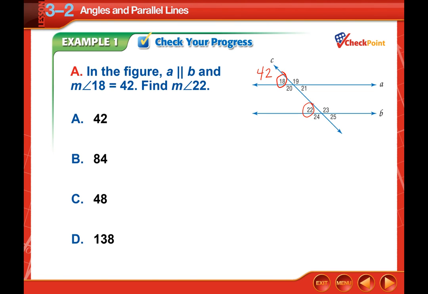So due to the corresponding angles postulate, I know that 18 and 22 are congruent. Because they're congruent, they have the same measures. And so I can substitute in that the measure of angle 22 is really 42.